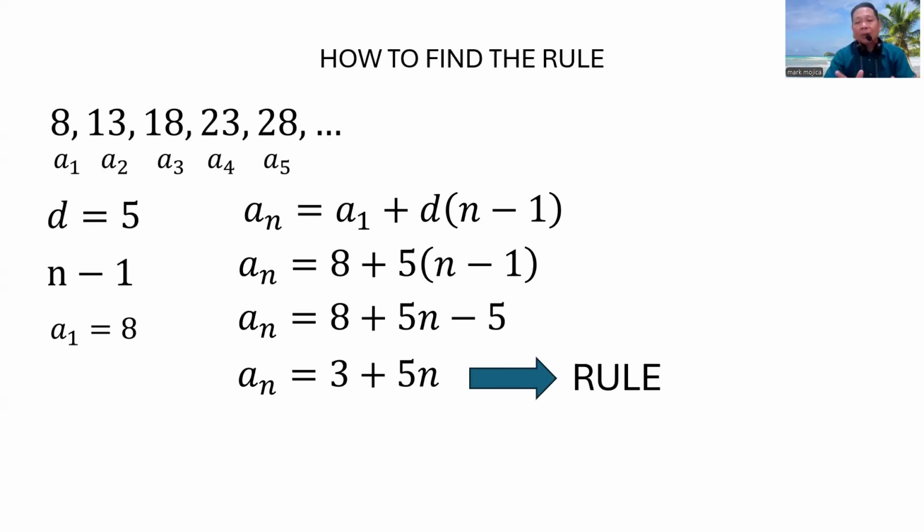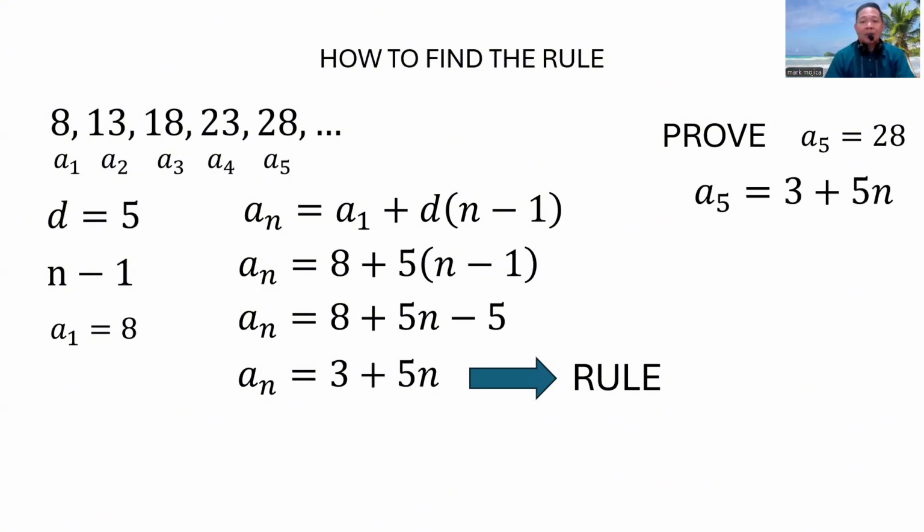Now, this one is your n, the rule or the end term. So how are we going to show that this is the real rule based on the 8, 13, 18, 23, 28 sequence? By simply putting this one to prove this one. So let's just say a sub 5 is equal to 28. So we will prove that a sub 5 is equal to 28. So paano? Apply the formula.